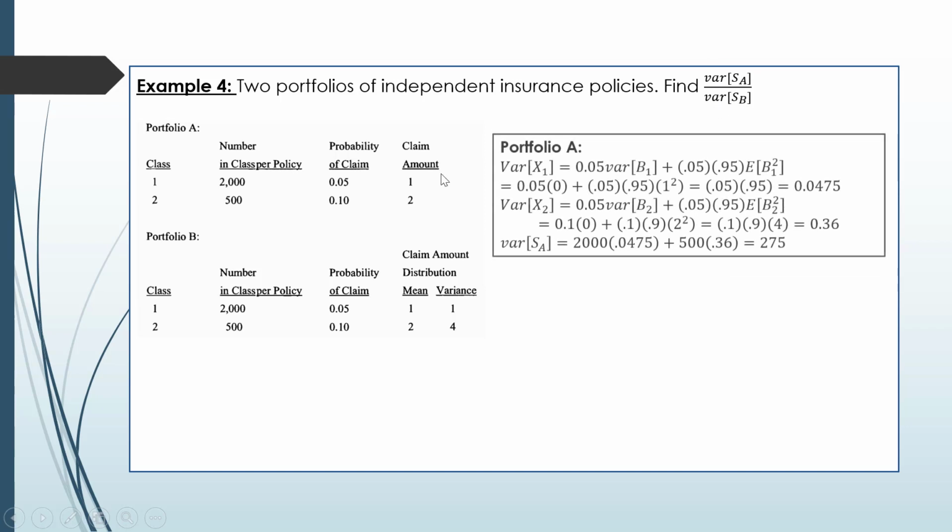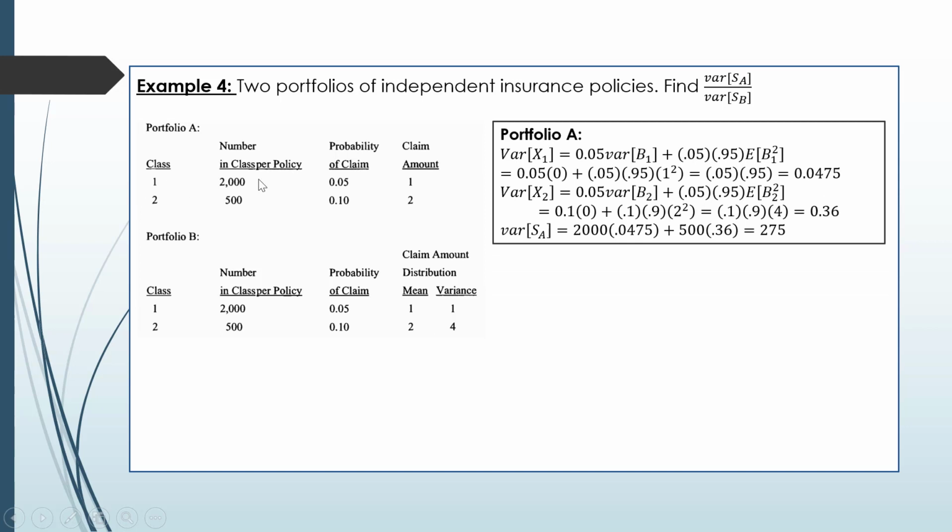So let's look at portfolio A. The first class: the variance of X1 is 0.05 times the variance of B1 plus 0.05 times 0.95 times the expected value of B1 squared. Here the variance of B1 is 0 and the expected value of B1 is 1.